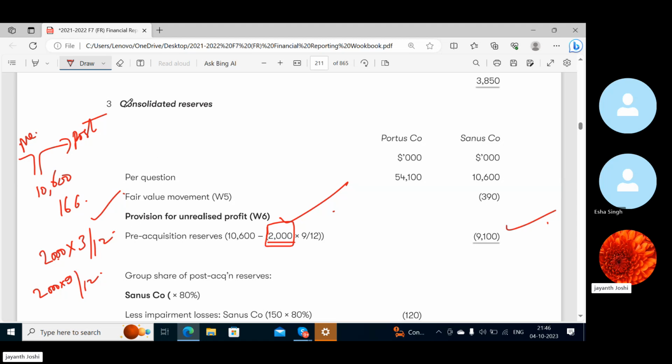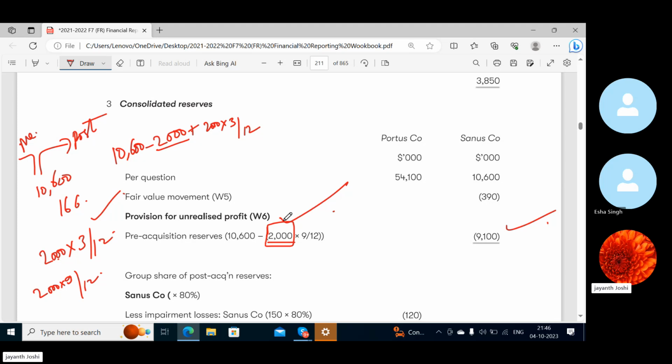Or else you can take 10,600 minus 2,000, totally remove this, then find out that 3 by 12 amount and add. So you'll get the answer of that also. Anything is okay, but this is simpler to understand.